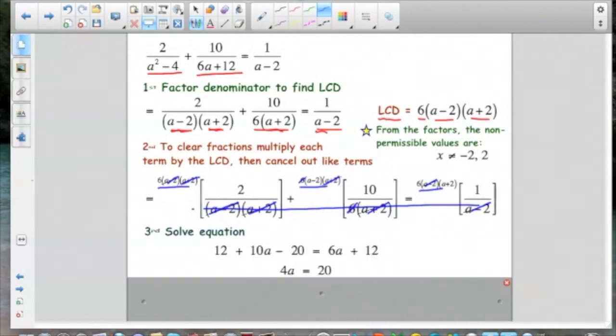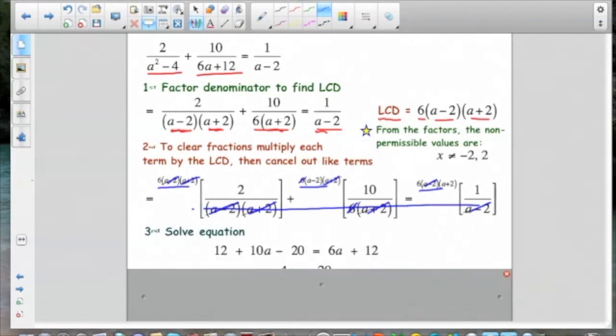So now it's time to multiply. This 6 times that 2 to get 12. This 10 times that a minus 2, because that was left, and that gets you 10a minus 20. And this 1 times that 6, and then you have a plus 2, that gets you those.